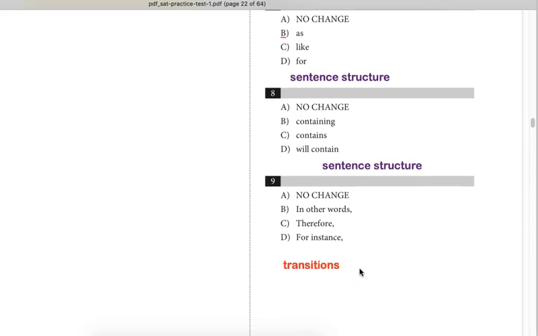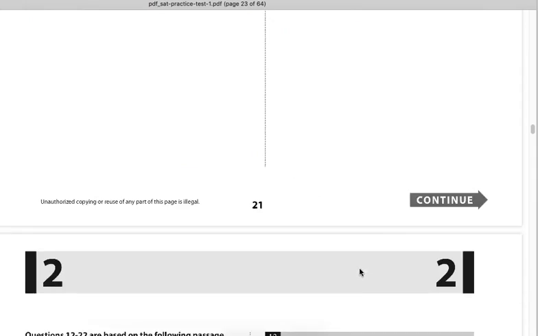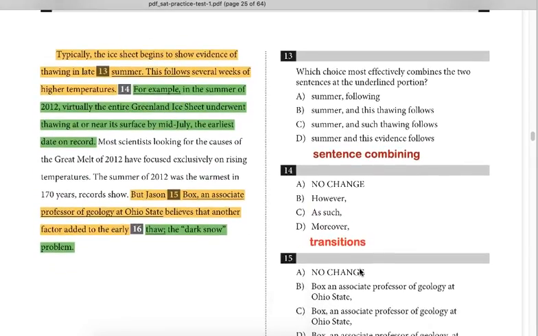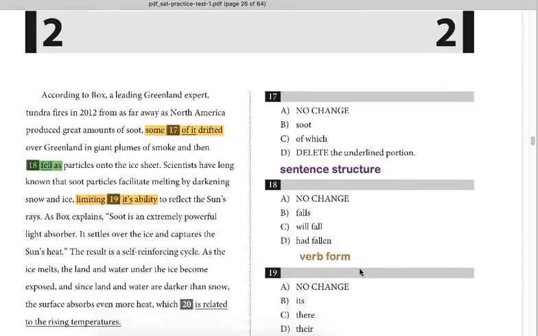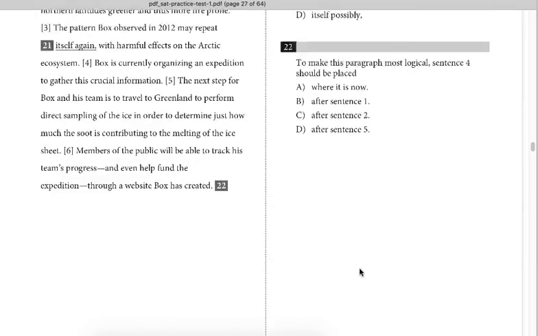to combine sentences in logical relationships, punctuation again, sentence combining, transitions, punctuation. You get the picture, sentence structure, verbs, pronouns.